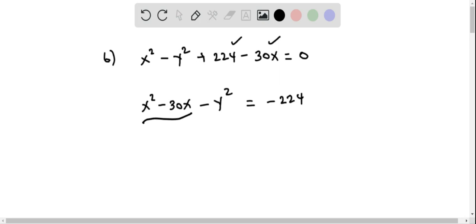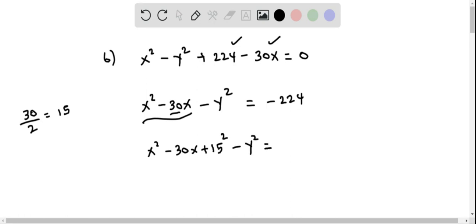Now we can complete the square for these two terms, x squared minus 30x. For that, we take half of the coefficient of x, that is 30 by 2, which gives 15. And so we add its square and subtract its square. So x squared minus 30x plus 15 squared minus y squared.